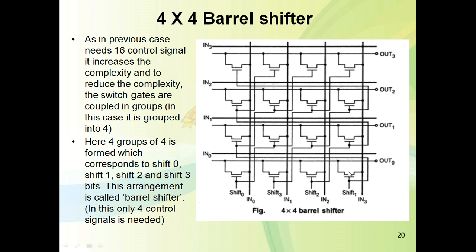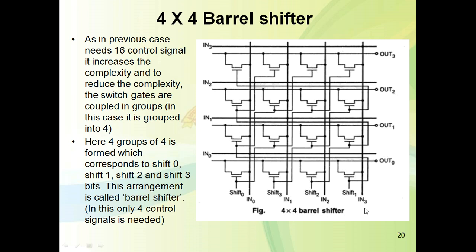Likewise for shift 3, shift 2, shift 1. Now let us say you want to shift right by shift 1. For that, this switch will be turned on, then it is connected to this, then this switch, and then this switch.